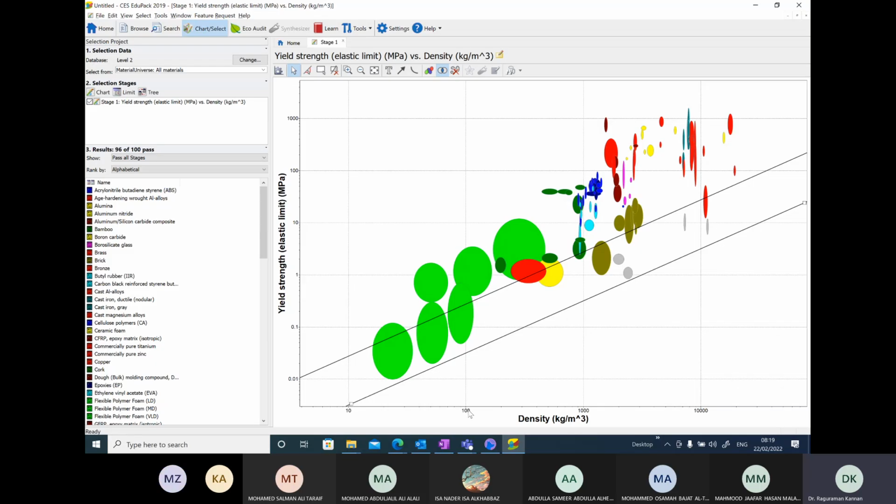At this point, rho will equal 100. You can also see some divisions on the graph: 1, 2, 3, 4, 5, 6, 7, 8, 9, and if you include this one, 10. So there are about 10 points here. The values will change as 10, 20, 30, 40, 50, 60, 70, 80, 90, and 100.